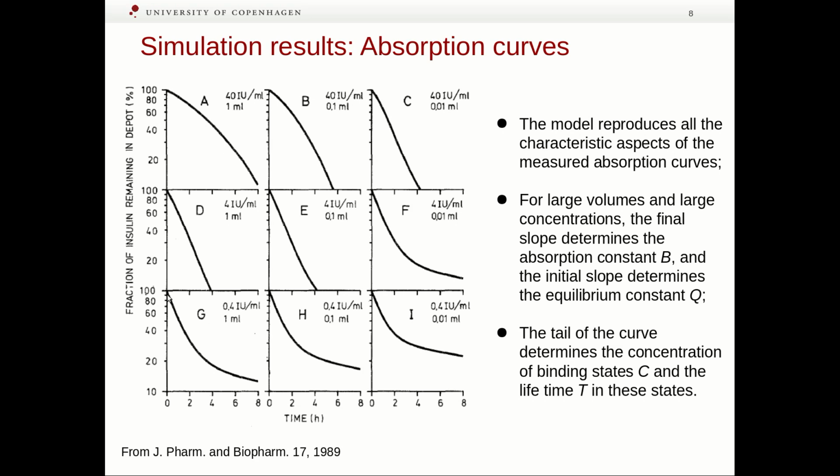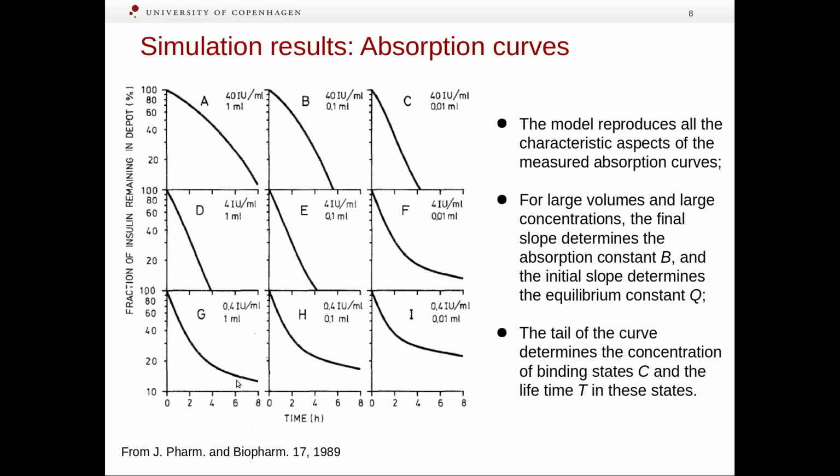As you increase or reduce the concentration, there will be more and more significance of the binding states. This is, as we said before, maybe the rate of this curve determines the release or the binding time of the insulin to the different sites where it can bind in the tissue.